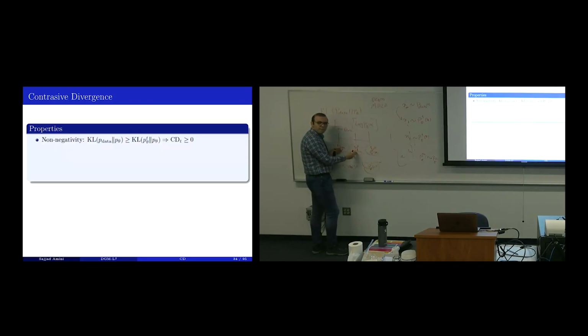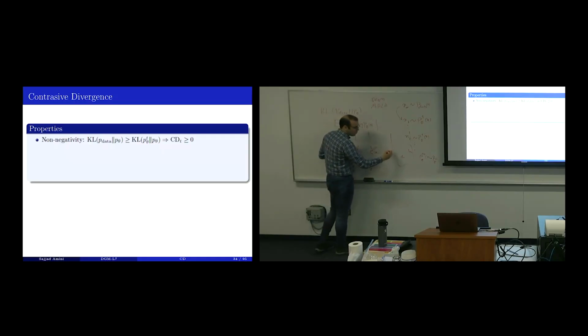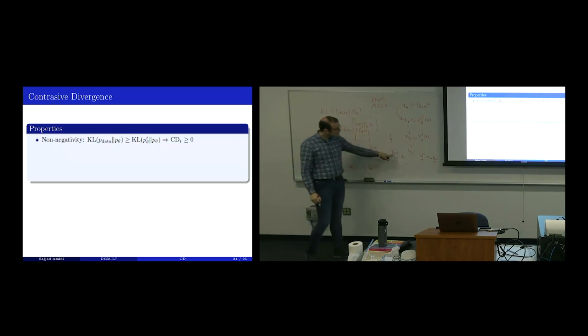Because MALA is doing the same. MALA is transferring you from the data distribution to another distribution, p theta. By how? By using the information of the gradient of this E theta of x. This E theta of x corresponds to this p theta.